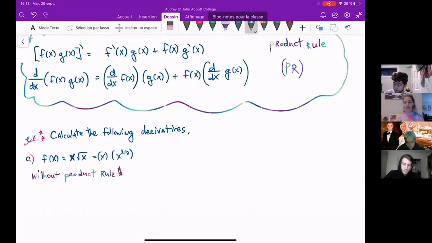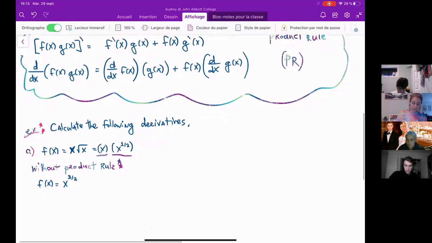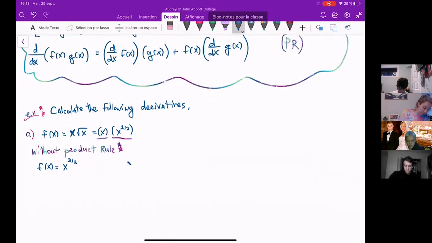So without the product rule, I saw that I can simplify this, that I had two things being multiplied together, and that when I do that, I can add the exponents to have that this is x to the 3/2. So then I can just apply my simple power rule.